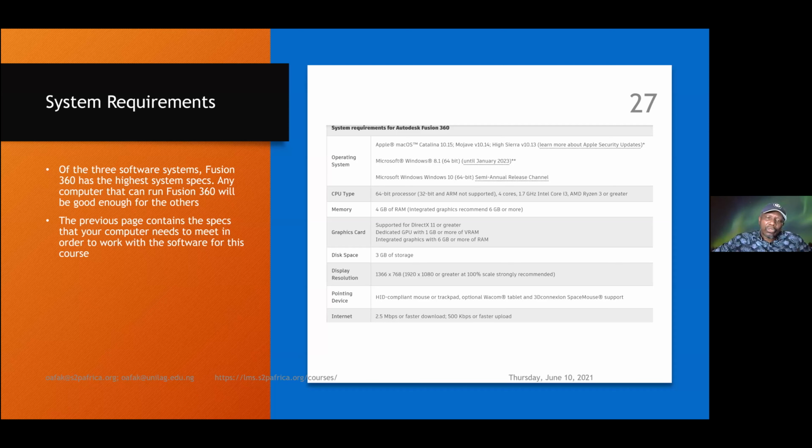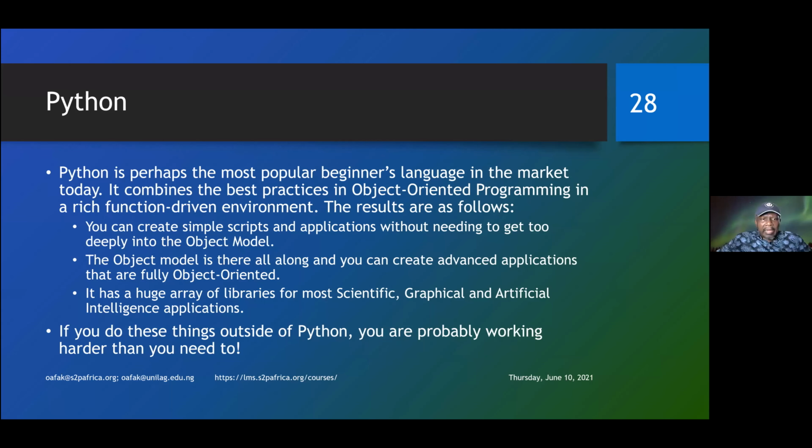I'm on page 28 now. And I'm saying here that Python is perhaps the most popular beginner's language in the market today. It combines the best practices in object-oriented programming in a rich function-driven environment. The results are as follows. You can create simple scripts and applications without needing to get too deeply into the object model.